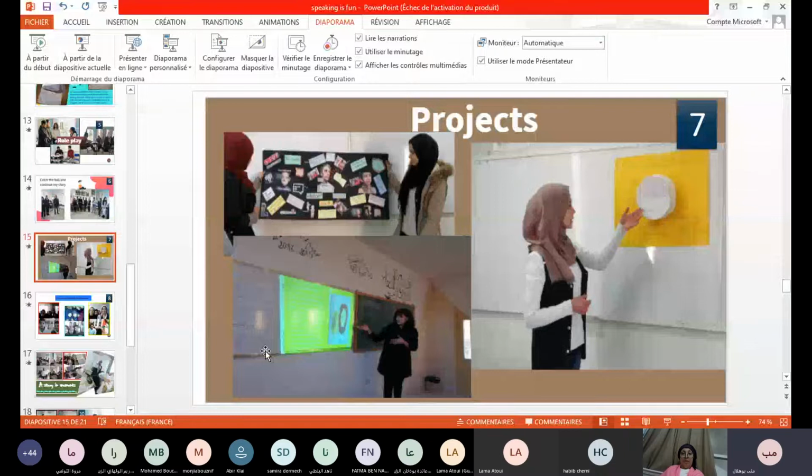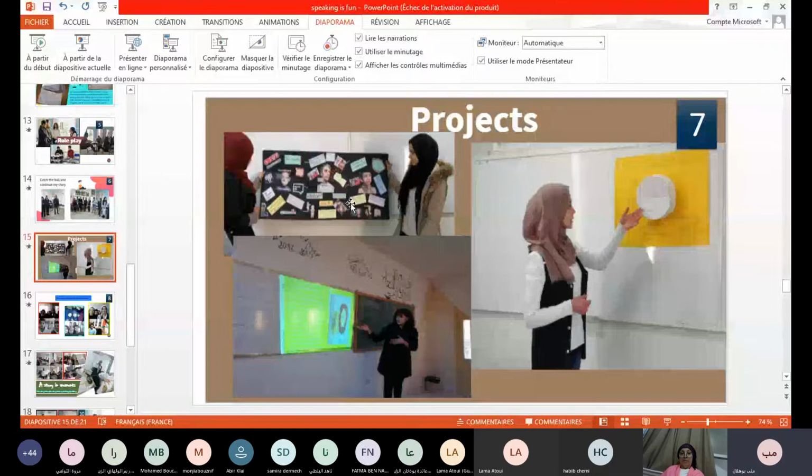Now, projects, I think, are very good activities to help students speak English. In the first picture, we have students who have prepared a poster on bullying, and they presented it in class orally.